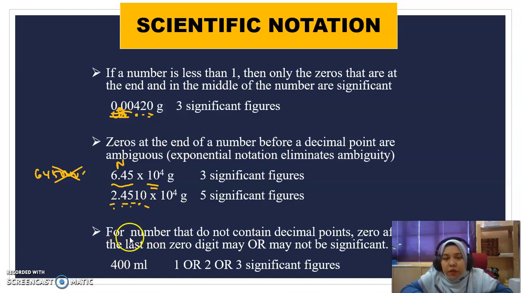And the last one: for a number that does not contain a decimal point, the zeros after the last non-zero digit may or may not be significant. For example, 400 milliliter has no decimal point here. So the significant figures for this number could be 1, 2, or 3. The zeros can be considered as significant figures or not, so you have 3 answers for 400 milliliter.